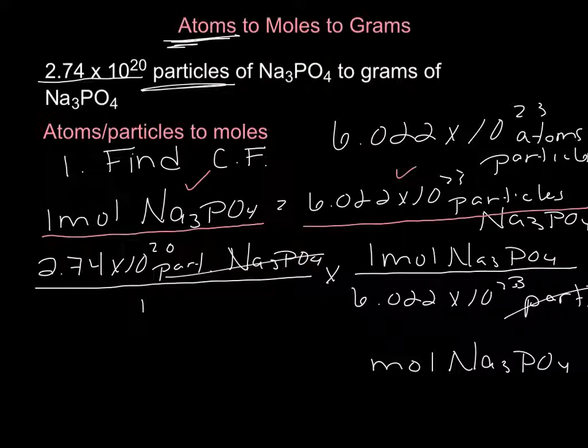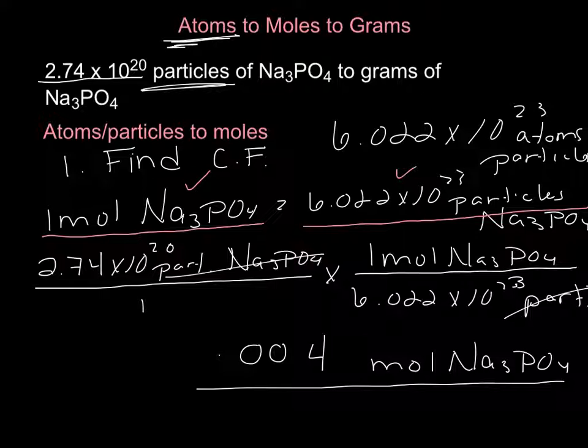Since those are going to be my only units, I know, based on this setup, that this number is going to be divided by this one. If I take this number and divide it by this one, I should end up with 0.004 moles of Na3PO4. So now I've converted from particles, or atoms, to moles.